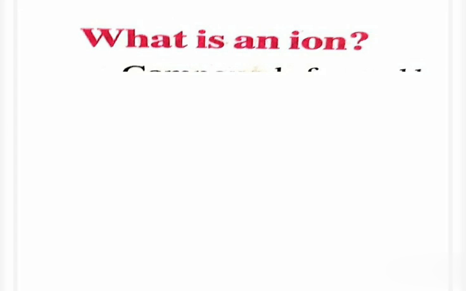Sodium gives the electron, so Na plus will come, called the sodium cation. Chlorine takes the electron, so a negative symbol will come, called the chloride anion. Okay, like that.